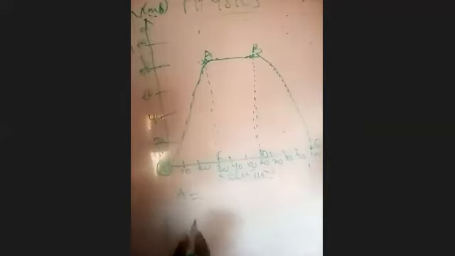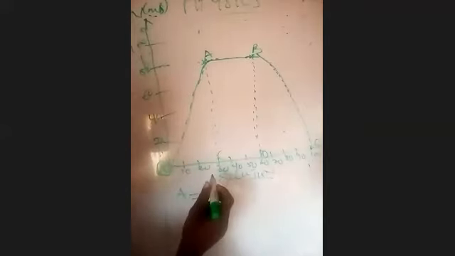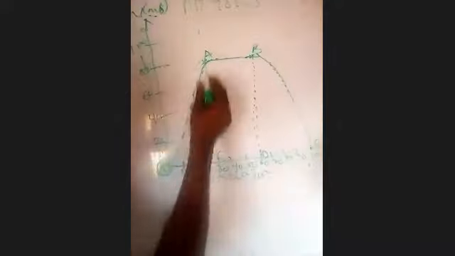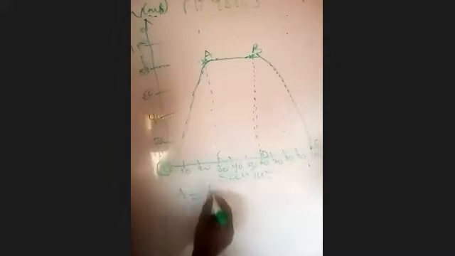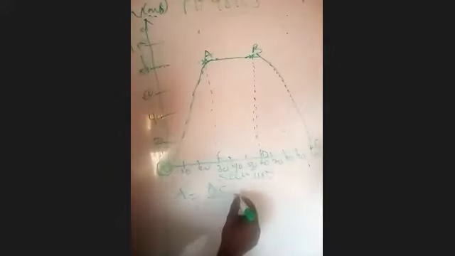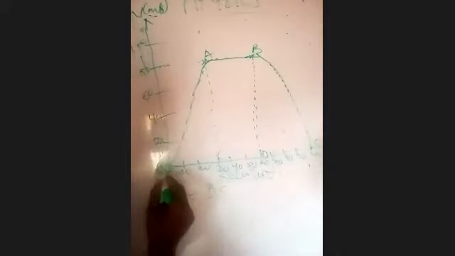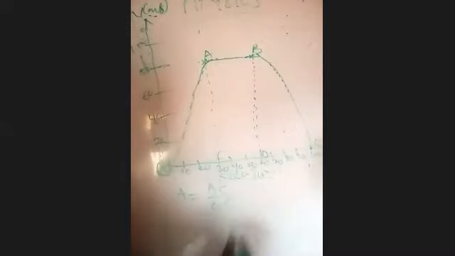Now, acceleration along OA is equal to AC all over OC. AC all over OC. That is the acceleration along OA.